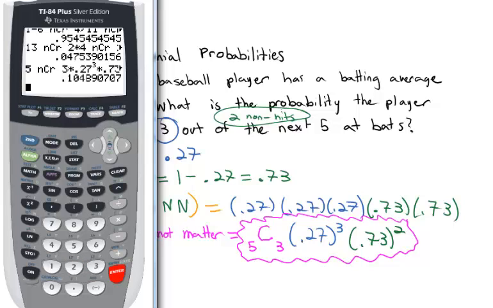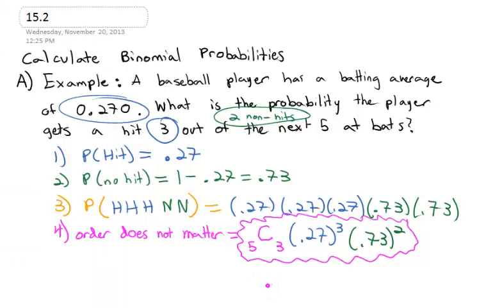And we end up with 0.1049. That is the probability that he gets a hit in 3 out of the next 5 at-bats.